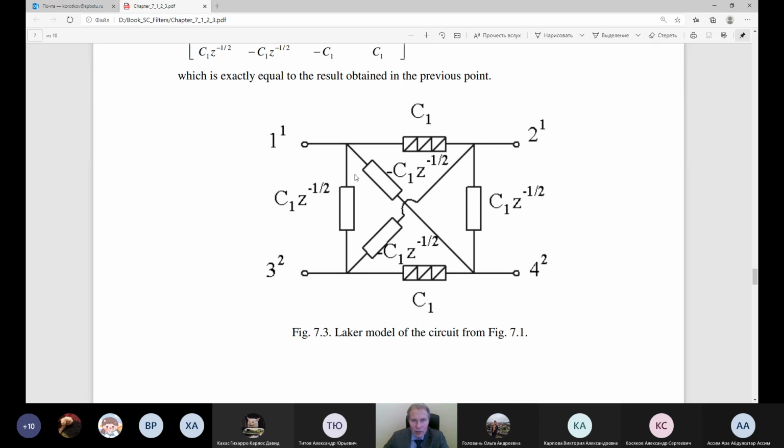It will be connected between the upper and bottom plates of the capacitor. If we are talking about opposite plates, the sign of the storistor will be minus. If we are talking about the same plates of the capacitor, the sign of the storistor will be plus. Keep in mind that on the physical level we have the capacitor here and here, and from the left side, here and here, there are the upper plates.